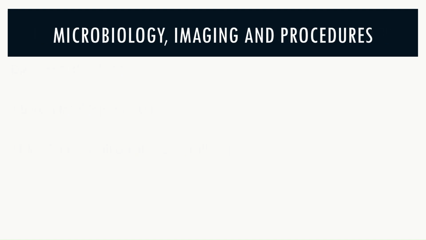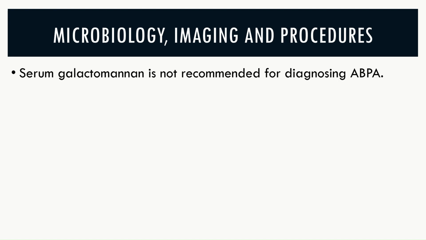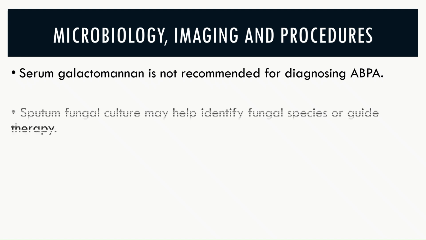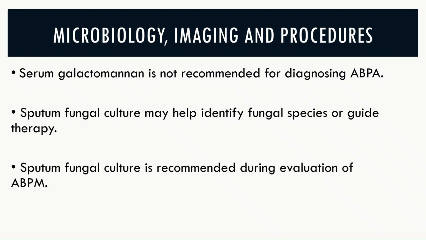Microbiology, imaging and procedures. Guidelines do not recommend using serum galactomannan for diagnosing ABPA. Sputum fungal culture may be performed during evaluation because it may help identify the fungal species or guide therapy. In cases of allergic bronchopulmonary mycosis, sputum fungal culture is recommended during evaluation.